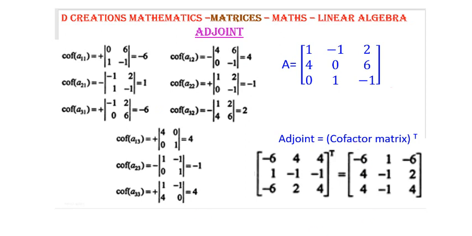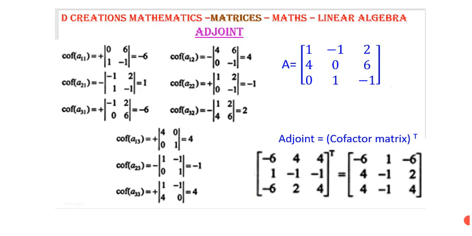And now the easiest task, simply taking a transpose. And you know that in a transpose nothing happens to the diagonal elements, they will remain as they are. The only thing is these are the ones which are going to switch their places. So 4 comes here, 1 goes there, 4 comes here, minus 6 goes there, and minus 1 comes here, 2 goes there.